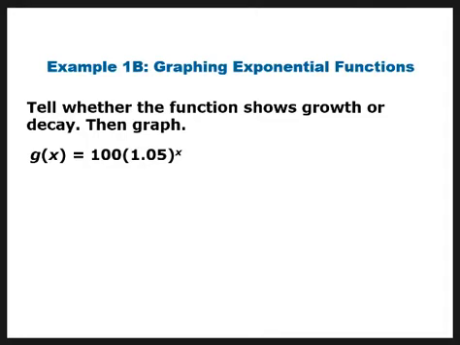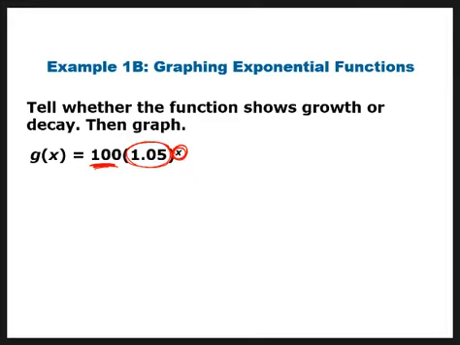Same idea here. The base, or the b that we've been talking about most of the time, is this 100 right here. But we're going to look inside at this other factor. In this case, it's greater than 1. So because it's greater than 1, that tells us that we have something that models growth. Now again, if we wanted to graph this, we could start picking random x values, filling them in here, basically taking 1.05, raising it to a specific power, and then multiplying by 100.